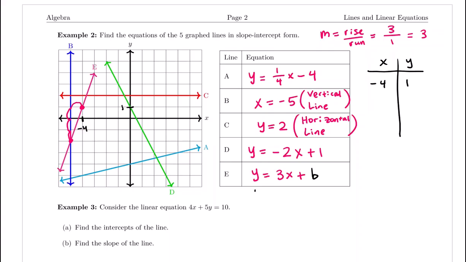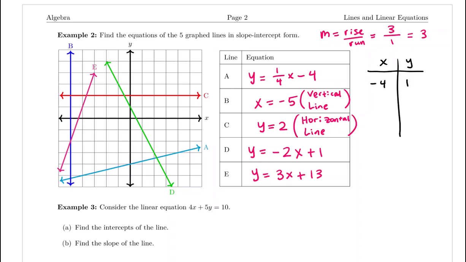So in this equation, I'm going to replace y with 1, and I'm going to replace x with negative 4, and then I have plus b. 1 is equal to 3 times negative 4, which is negative 12. And then if I'm isolating b, I would add 12 to both sides, and I get b is equal to 13. All right, so here are the final answers for example 2.